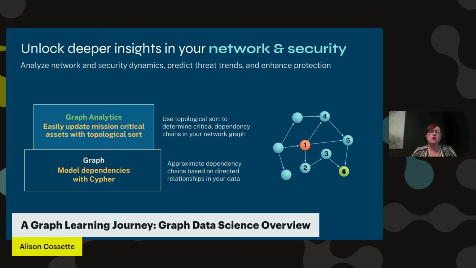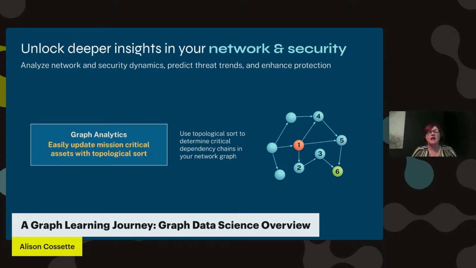But what we can do with graph analytics is use the topological sort to determine critical dependency chains. Similar to what we looked at in process, when we look at the actual networks and security, we can see there's this really important dependency in here. So we know that if there's a problem with this node, so like we go 1, 4, 5 goes to 6, 1, 5 goes to 6. If you hit 2, then you go to 3 and they go to 6.